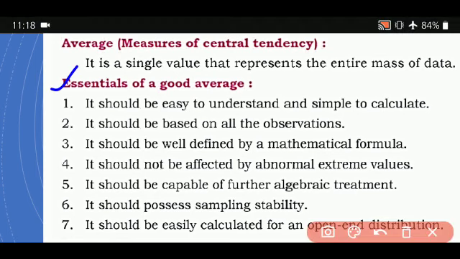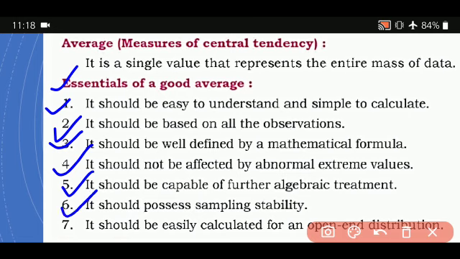Essentials of a good average. First, it should be easy to understand and simple to calculate. Second, it should be based on all the observations. Third, it should be well defined by a mathematical formula. Fourth, it should not be affected by abnormal extreme values. It should be capable of further algebraic treatment.